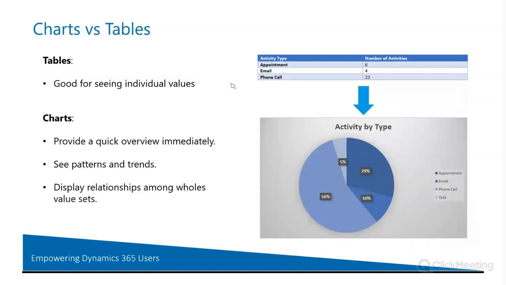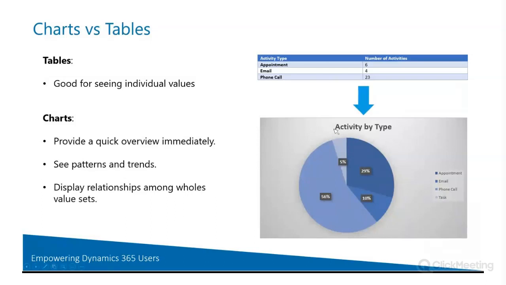Whereas charts provide a quick overview immediately. As you can see here, I can look at this chart and immediately see what's going on, get the big picture, if you will. It enables you to see patterns and trends very quickly and identify those. And one of the other major things about it is it displays relationships amongst whole value sets, right? So what do I mean by that?